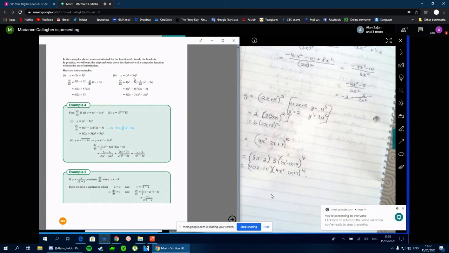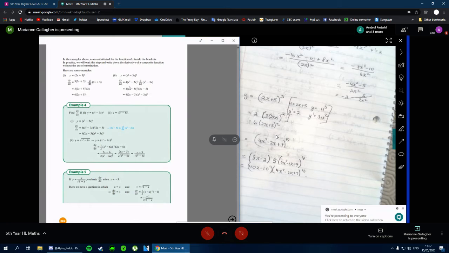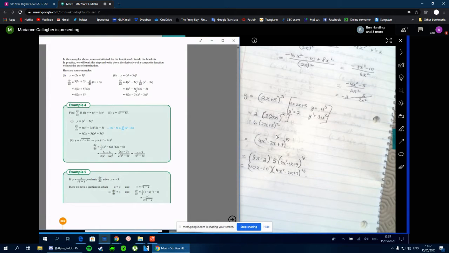And then the power of 4, you bring down the 4 and change the new power to a 3. And what's in the bracket, the input to the second function, in other words what our u is, does not change. The x squared minus 3x stays there. Its power changes to 3, it gets multiplied by 4, and then it also gets multiplied by its own derivative.